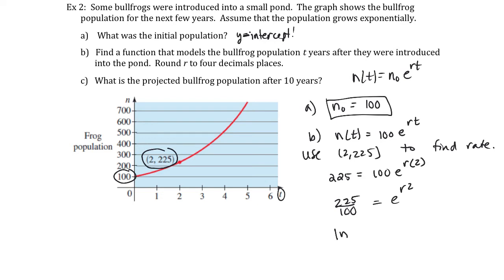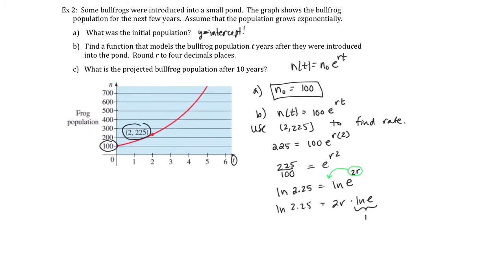So 225 divided by 100 would be 2.25. Taking the natural log of the right side would give us natural log of e to the 2r. Now we have an exponent inside an argument, so that gets to come out and be written as the coefficient. ln of e is just 1.